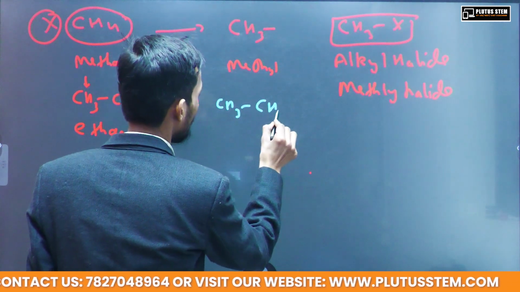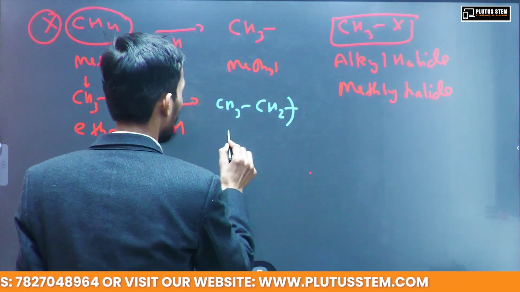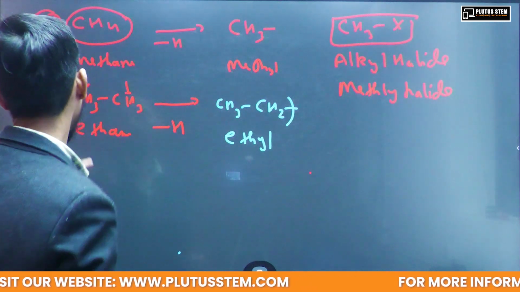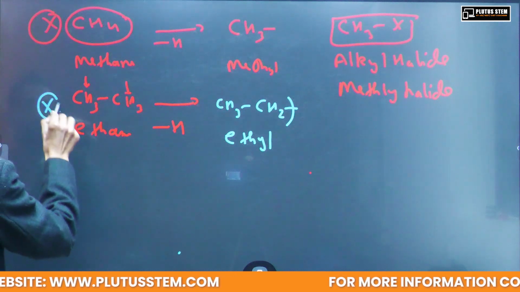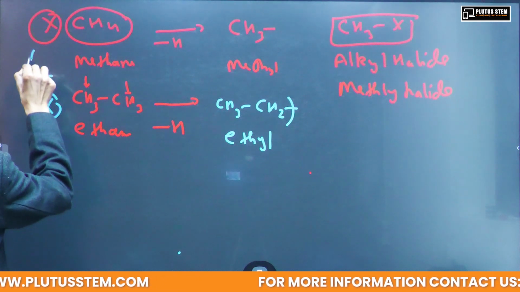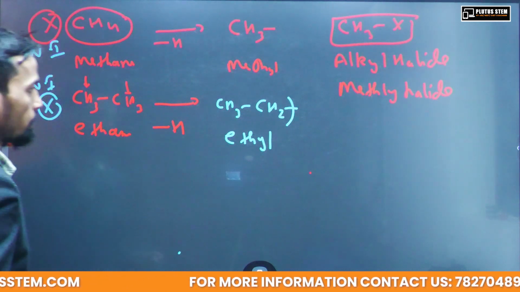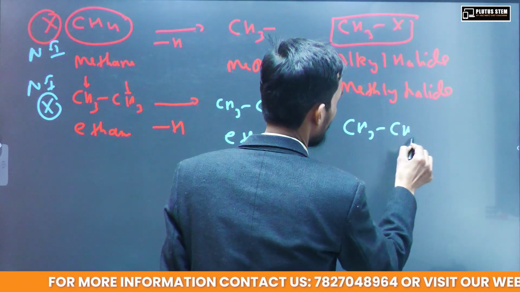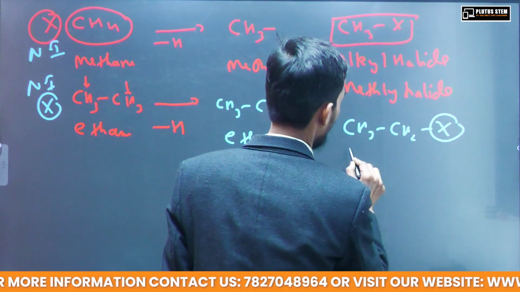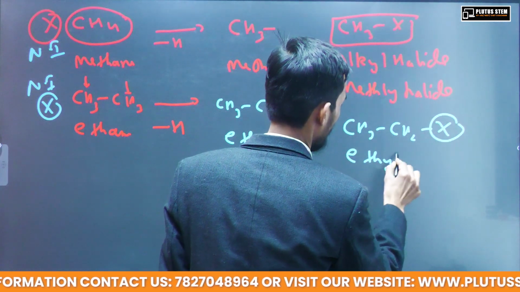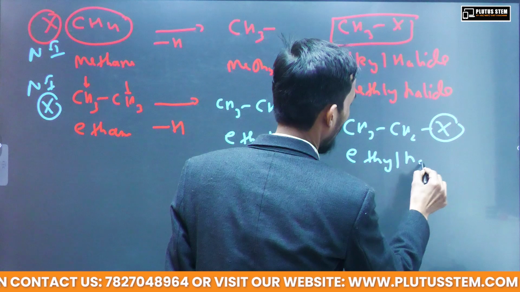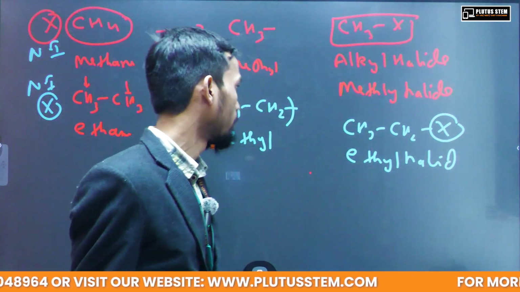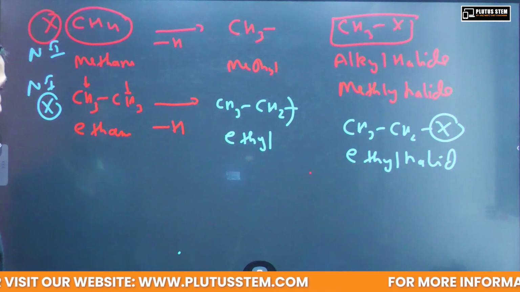It will give us CH3-CH2 like this. So it's ethyl, and no isomers. So it will give rise to CH3CH2X, ethyl halide or haloethane.